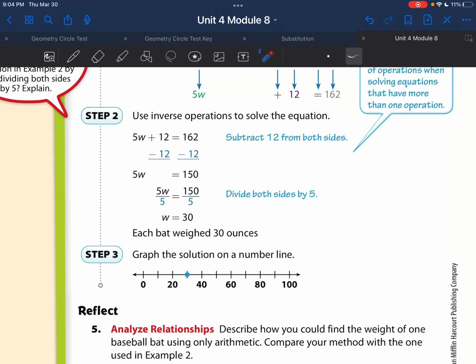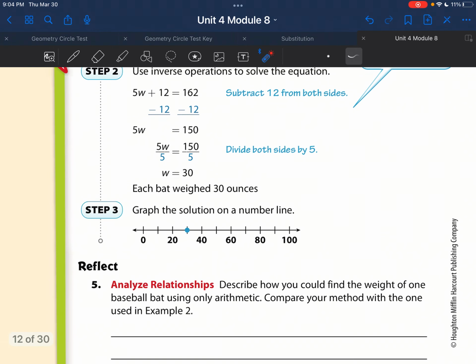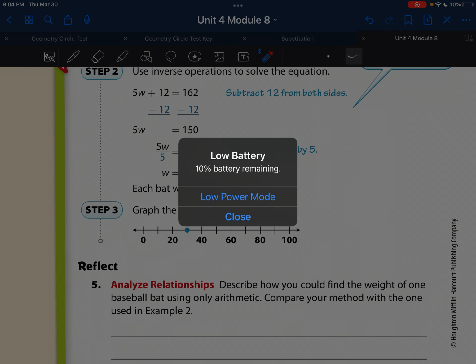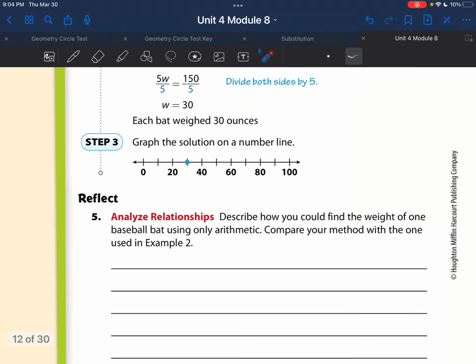And you have W equals 30. The only thing we're going to add from here on is graphing the solution on a number line. So that means our W equals 30. All we're doing is putting a dot on the 30. That's the only difference.